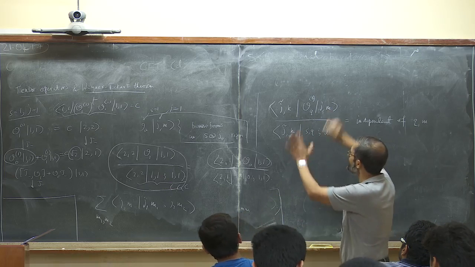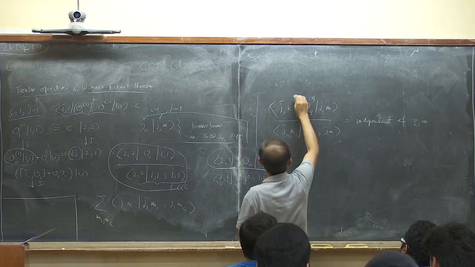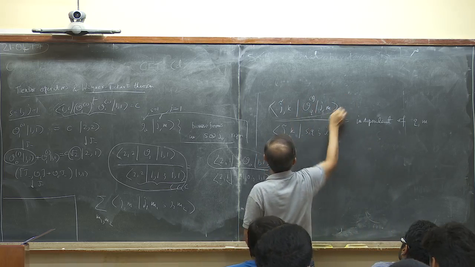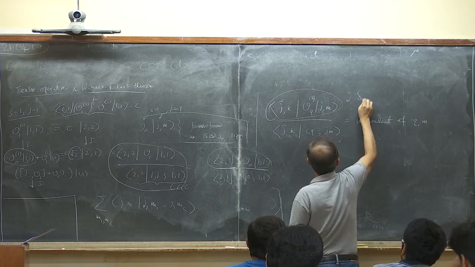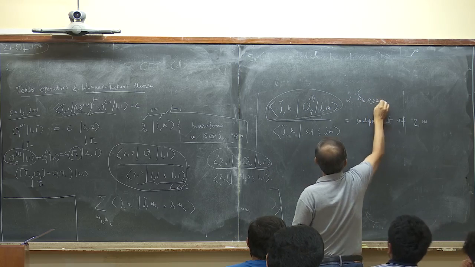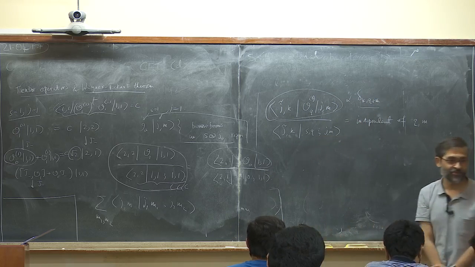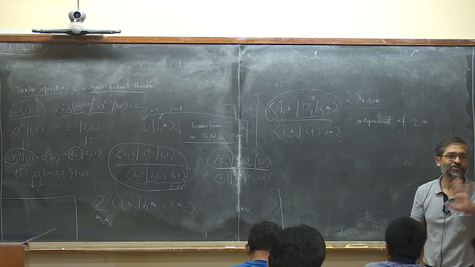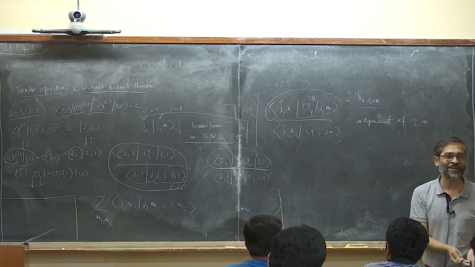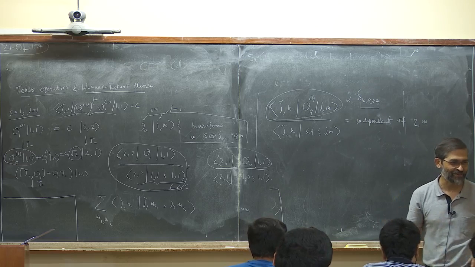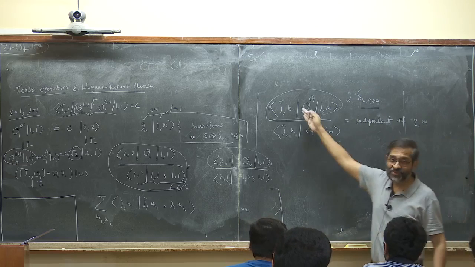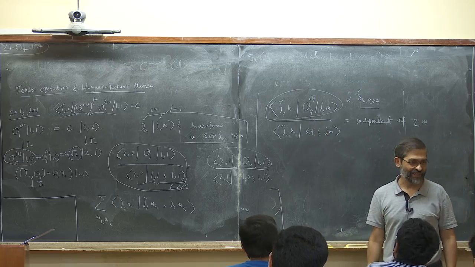So the first statement is that the numerator is proportional to this Kronecker delta, which is what is called a selection rule. Once the selection rule is satisfied, you would want to find out the transition amplitude when the photon comes and kicks you. This is how you can get it.